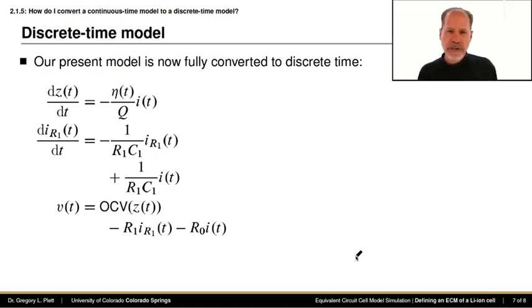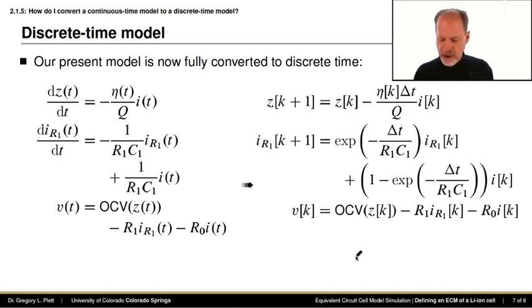So our present model is now converted from continuous time into discrete time. Whereas before I had the state of charge equation dz by dt equals negative eta over q times I, and I had the derivative of resistor currents with respect to time was equal to negative 1 over R1C1 times the resistor currents, and then plus 1 over R1C1 times the input current, and I had voltage equals open circuit voltage minus R1 times IR1 and minus R0 times I. All of those can be converted as we've seen.